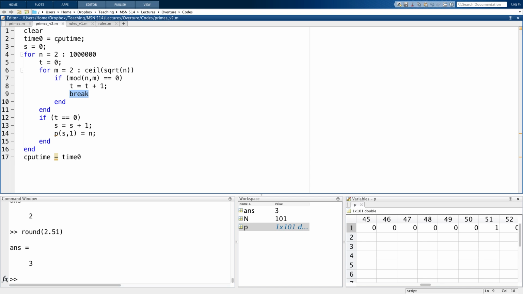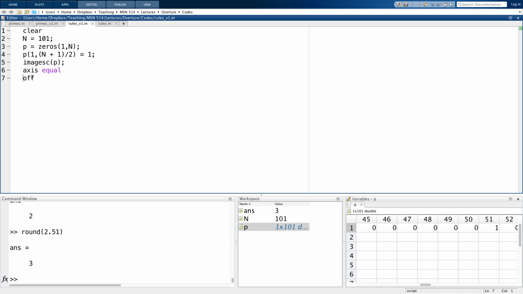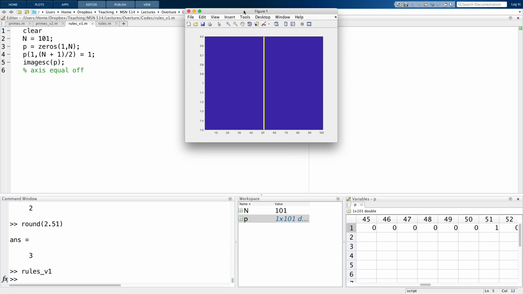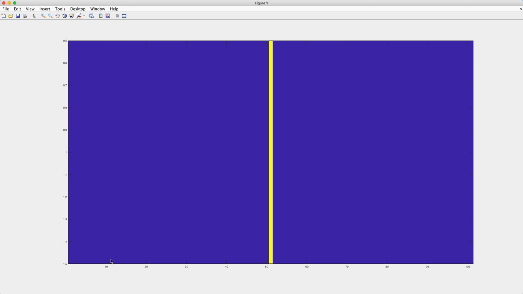What else? CPU time gives you the CPU time. So we set time 0 to CPU time, then we just subtracted this. Another thing, we were carried away with this commenting out thing, and I forgot to explain this. If I comment out this one and plot it, it will give you the plot that doesn't care about the scales. You can see that this one goes from 1 to 100, so it's quite big.